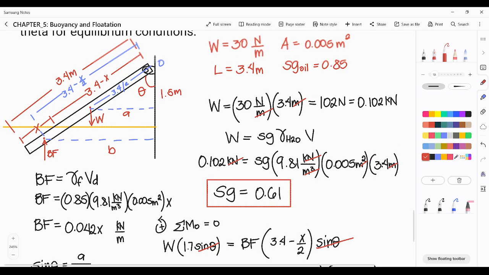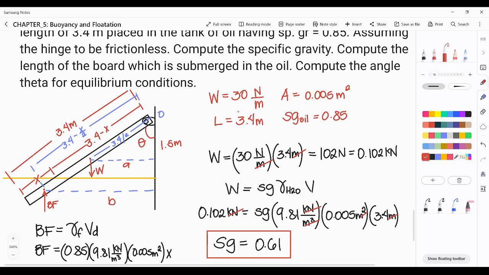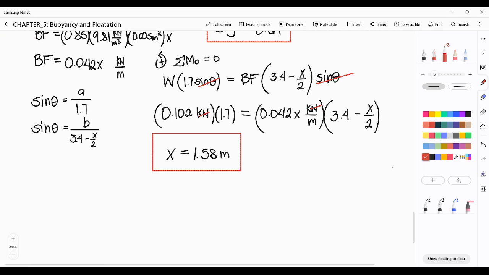Okay. So, ano ba? May tatlo nga pala yung pinapahanap. Compute the angle. So, to find the angle, madali na lang. Pwede natin gamitin yung habang ito, yung 3.4 minus x, tsaka itong 1.5 meters. Tapos, anong gagamitin nating function?